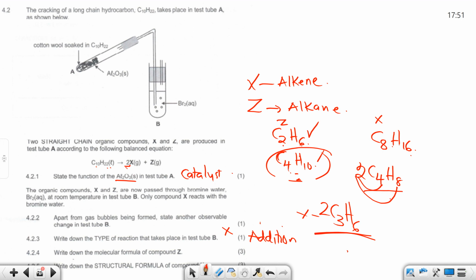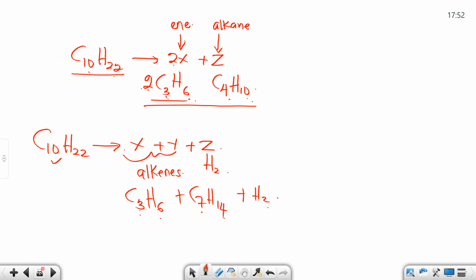Write down the molecular formula of Z. We know Z is an alkane, and we said work with an alkane, any alkane that will make sure that we have a good number of alkane on that side. So Z is an alkane. So write an alkane, but before you run away from the question, make sure this alkane does what? Exist. Remember, we had a problem earlier on.